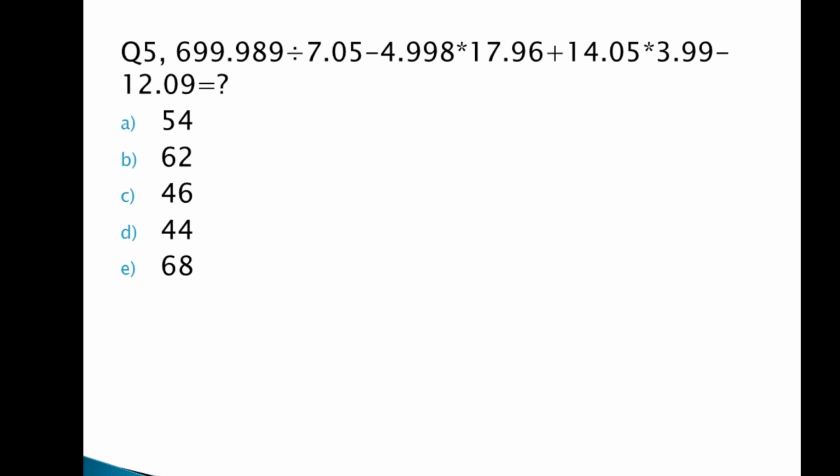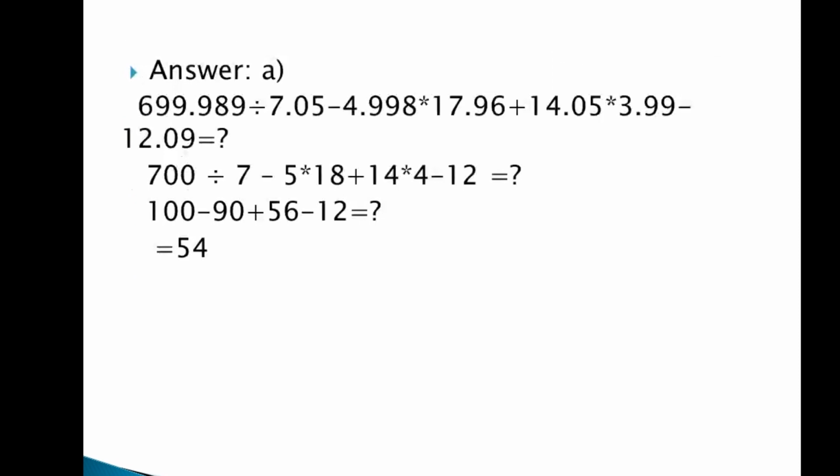Your options are option A 54, option B 62, option C 46, option D 44, option E 68. Your time starts. Your time finish. The answer is option A, which is 54.